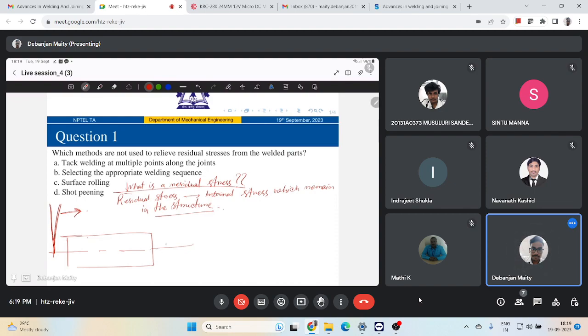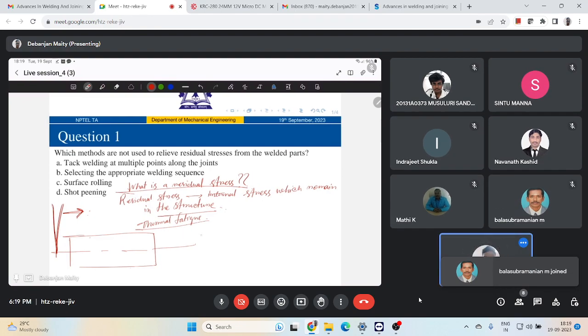So let us assume that this is my flame, which is traveling at a certain speed over this sheet surface, and if you always heat and cool, thermal fatigue will generate, and because of thermal fatigue you can see that the sheet will get bent, so it will form a curvature like this. Have you seen this kind of phenomenon at any time?